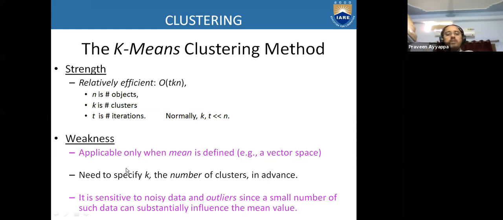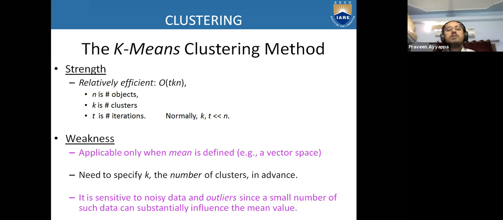Without knowing how many clusters the data points need to be divided into, we cannot understand what this k means. It is also sensitive to noisy data and outliers, since a small number of such data can substantially influence the mean value. So there is a possibility of the mean value changing because of noise or outliers. This is one of the drawbacks of the k-means clustering algorithm.